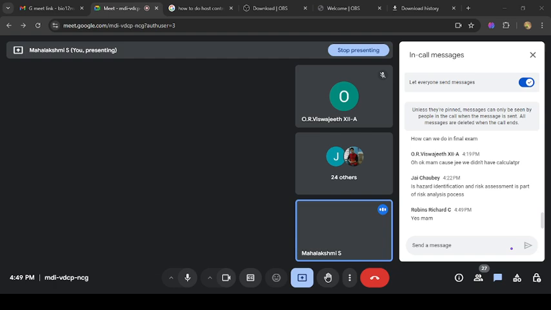Next is the ED, the duration of exposure, which is 350 days per year into 70 years. And the body weight is 70 kg, and the exposure time is 365 days per year into 70 years. Then year and year will get cancelled, and day and day will get cancelled.